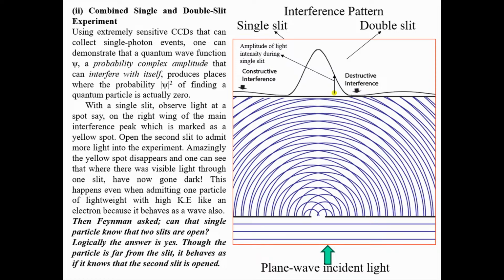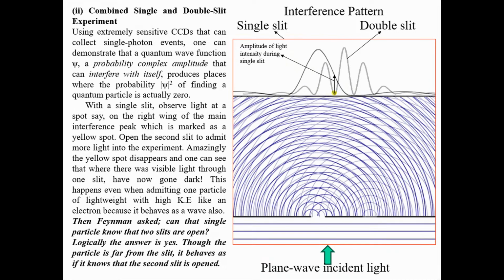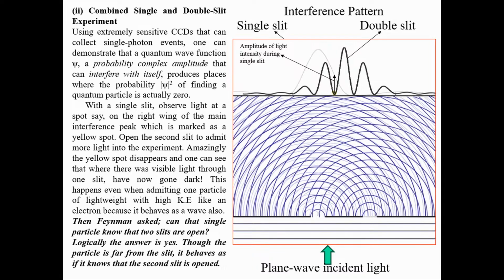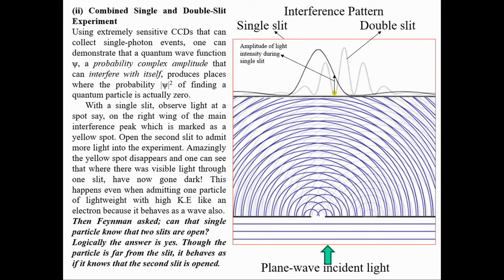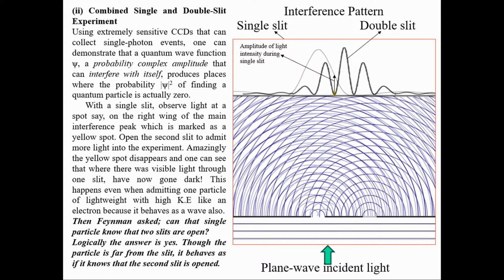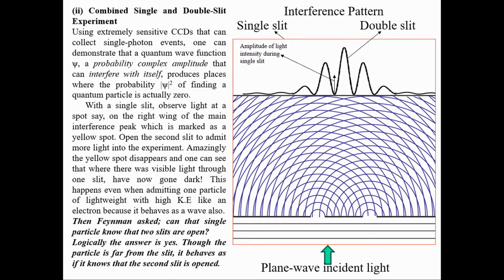What does it mean? As if this happens instantaneously. It won't take any time, not even the speed of light. It is much more than infinity actually. So it means that the wave is also a particle, isn't it? Dual nature.